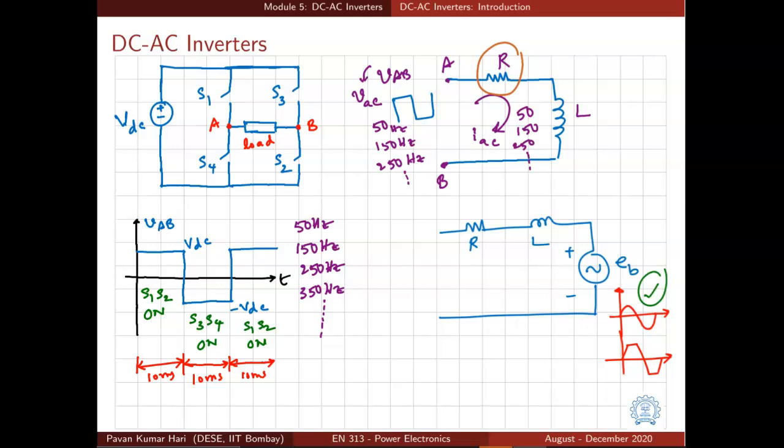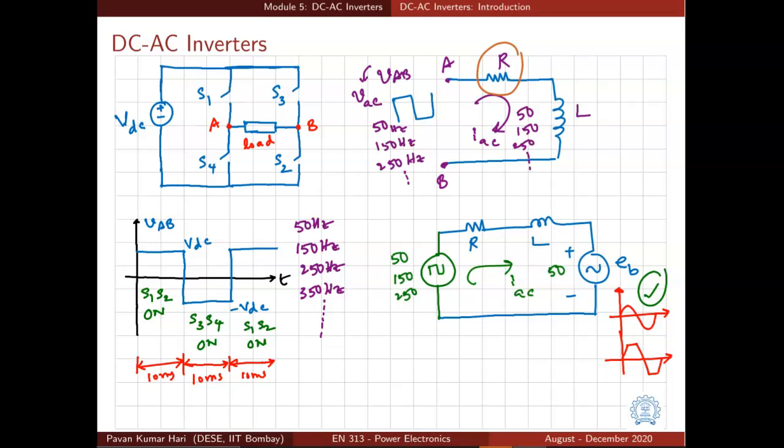So if you connect a voltage source, for example here, a square wave voltage source, which has 50, 150, 250 Hertz and all that, and let us say this back EMF is only 50 Hertz, then we can easily say that the current flowing in this circuit should be as close to 50 Hertz as possible.